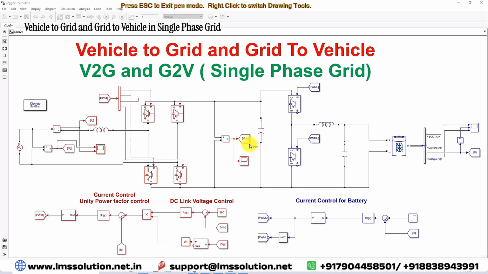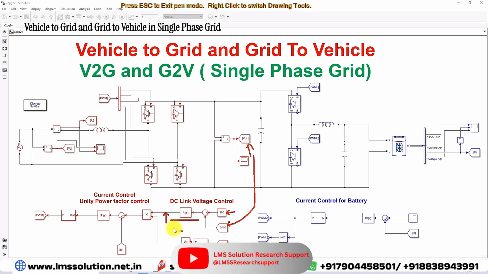Further, here we are measuring the DC link voltage. It is compared with the reference voltage of 380 volt, and then it is processed via the PI controller. This PI controller generates the reference peak magnitude for the current control. Here we have only the peak magnitude, which should be converted into sinusoidal nature. For that, we measure the grid voltage and use a PLL.